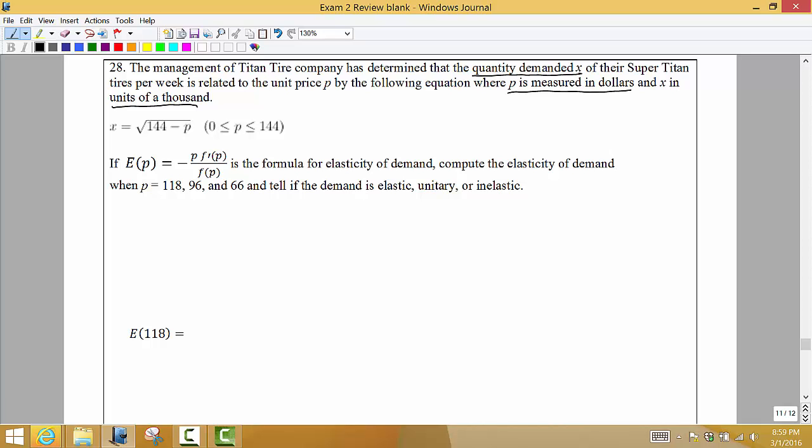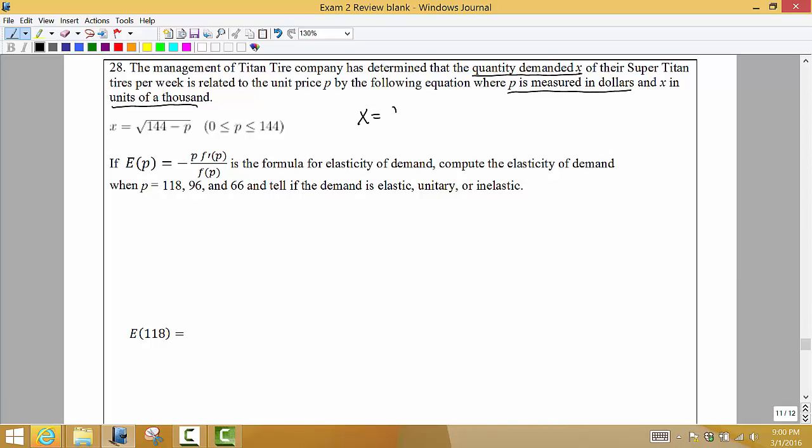We're asked to find the elasticity of demand for the price points $118, $96, and $66, and we want to know if the demand is elastic, unitary, or inelastic. The first thing we want to make sure is that the function is written in terms of P as the independent variable, so we need to have X by itself.